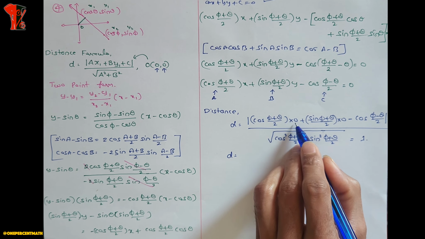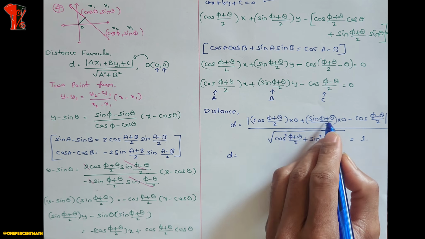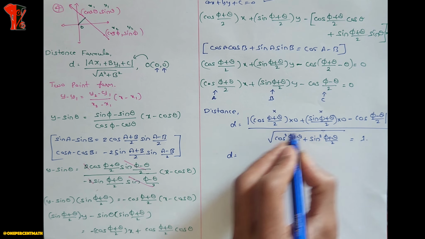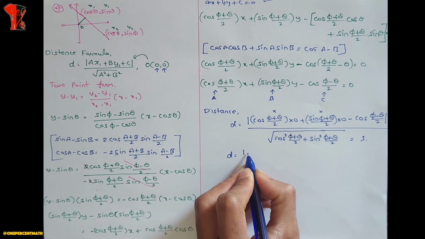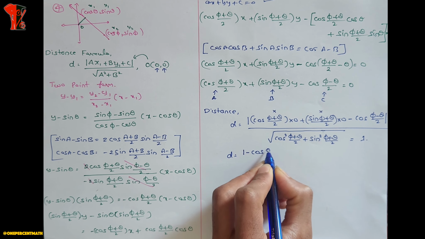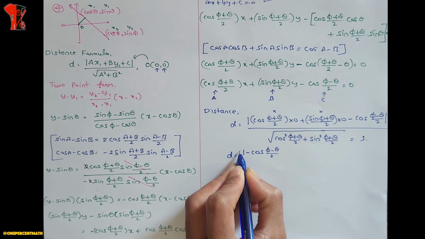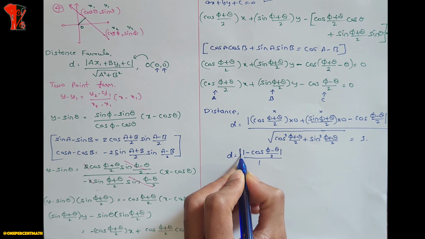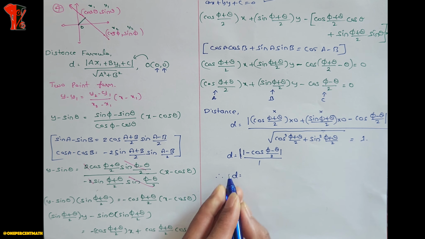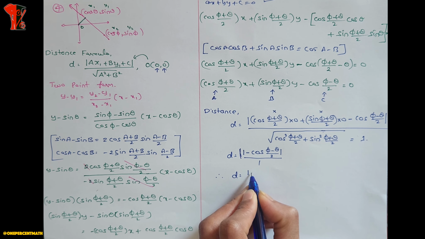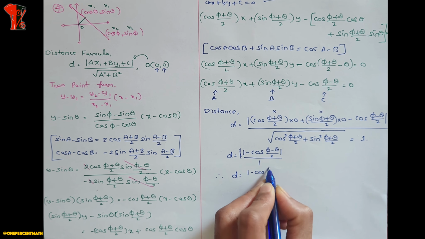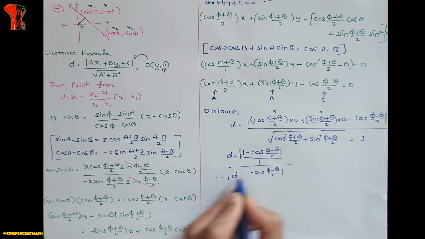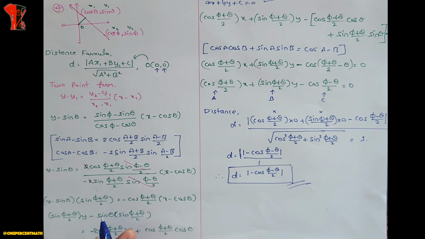So D is equal to, so 0 and anything is same 0, right? So these two terms are cancelled. Okay, now left over is only this particular part, that is modulus of minus cos((phi minus theta)/2), divided by 1. So therefore our answer is D is equal to modulus of minus cos((phi minus theta)/2) by 1, which is nothing but equal to 1. So that's an answer. Okay.